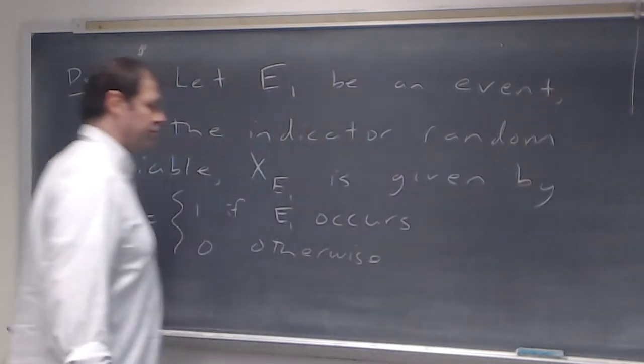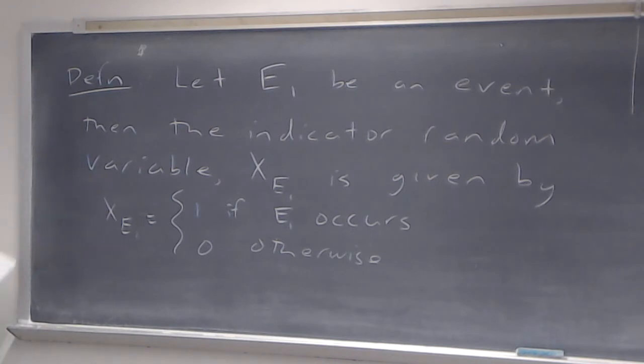So X sub E sub 1 just tells you whether E occurred or not.